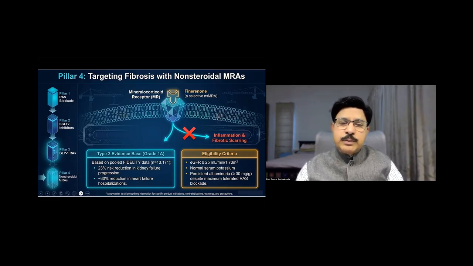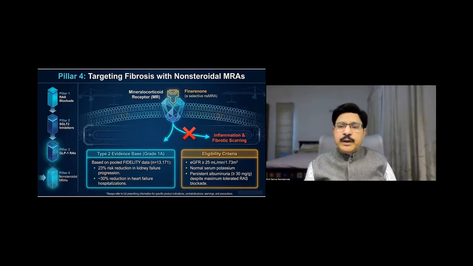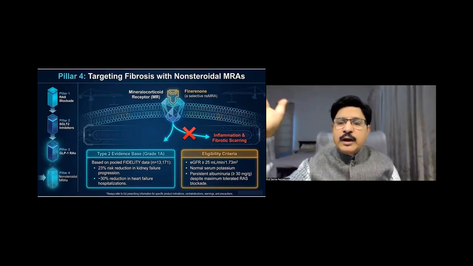Now, evidence-based grade 1A, based on pooled FIDELITY data, 23% reduction in the kidney failure, 30% reduction in the heart failure on those where we have used finerenone. Who are the patients who should get it? eGFR should be more than 25, serum potassium should be normal, persistent albuminuria despite maximum RAS blockade. That means the eGFR is not in the very terminal stage, like renal replacement.